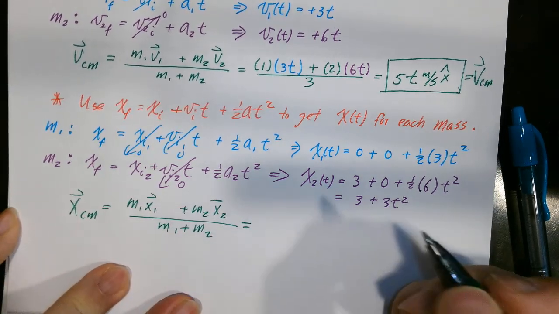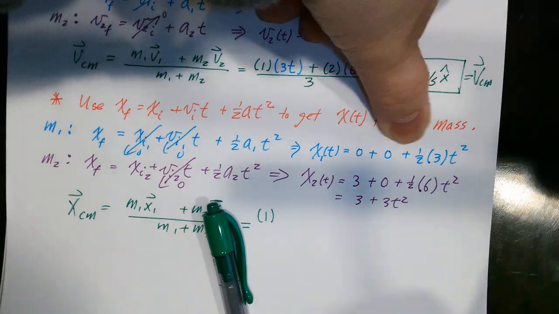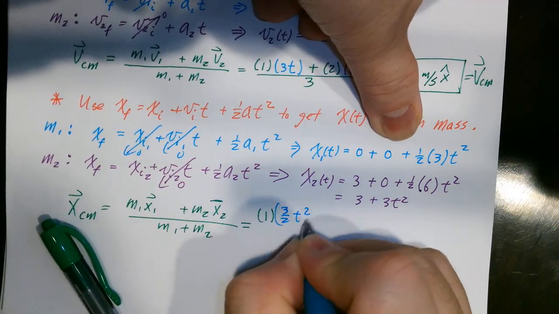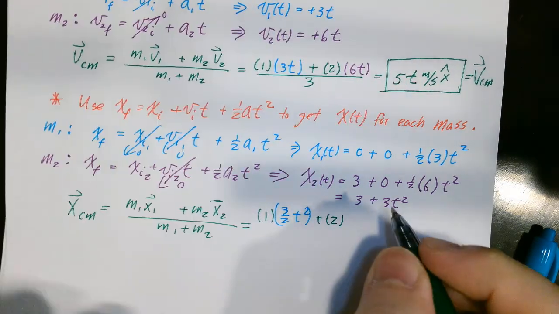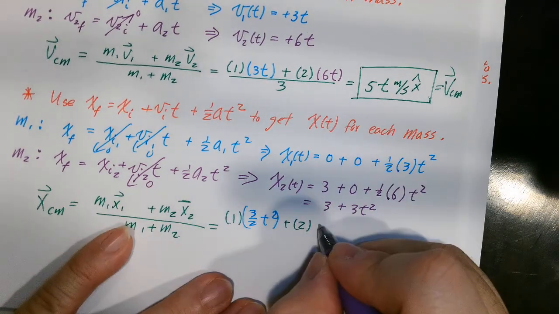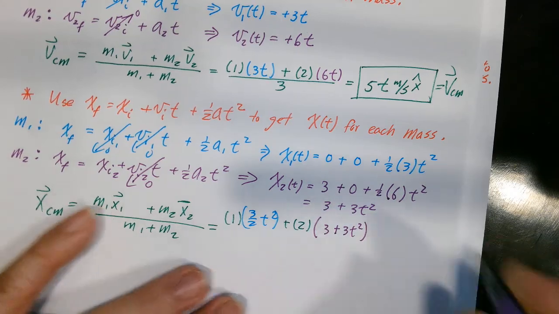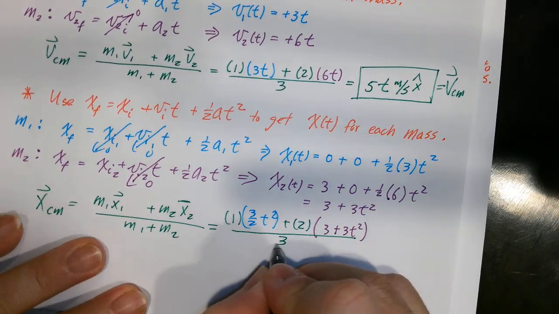And that is equal to 1 times 3 halves t squared plus 2 times 3 plus 3t squared, whole thing over 3.